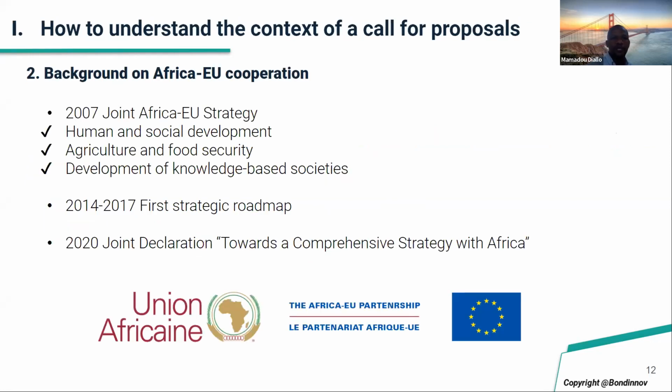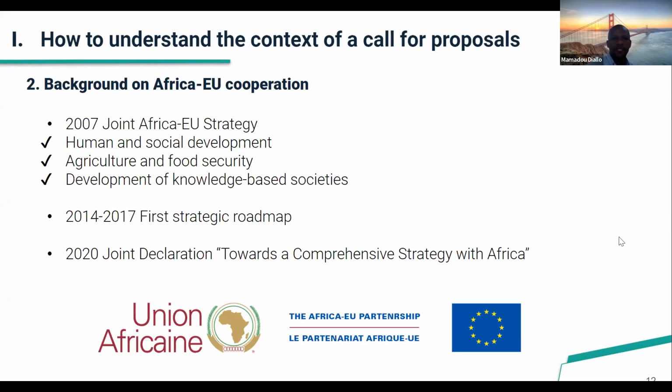So we give you an example of the African and European Union cooperation, which started in 2007, where they had a joint Africa-EU strategy in which they define some points on which they will work together, which include human and social development, agriculture and food security, development of knowledge-based societies.